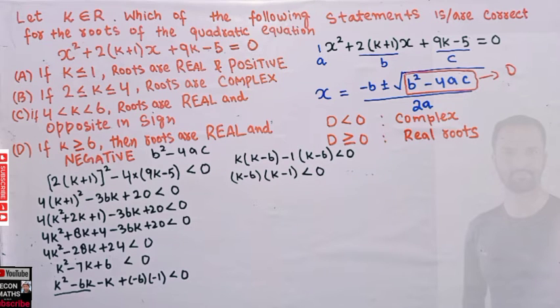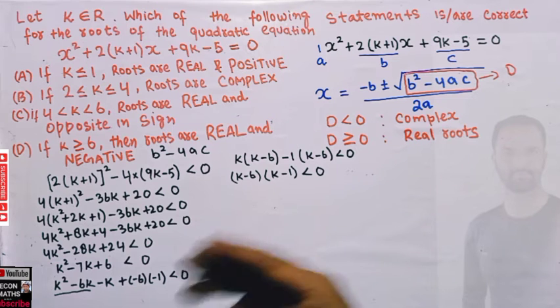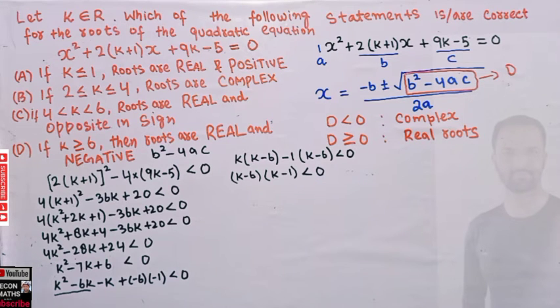Now for this to be less than 0, there can be two conditions.